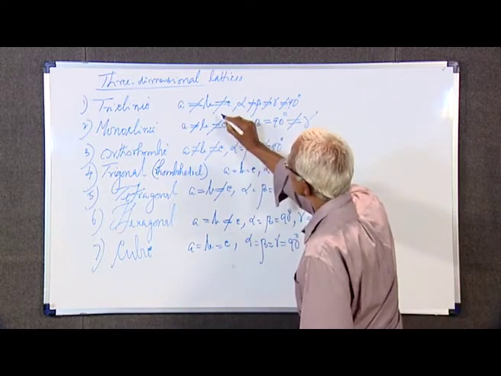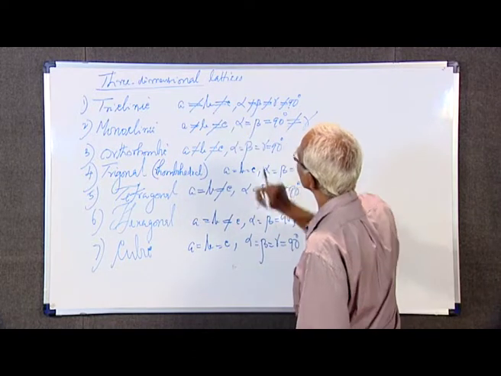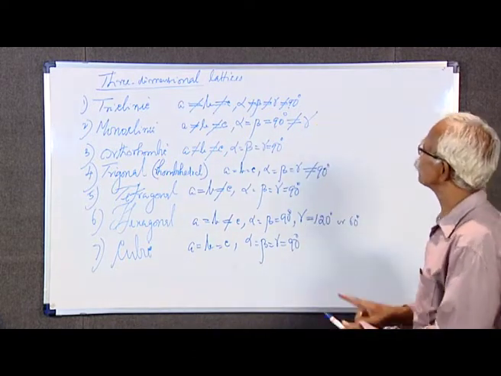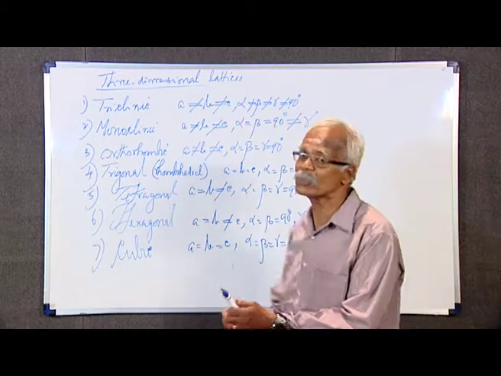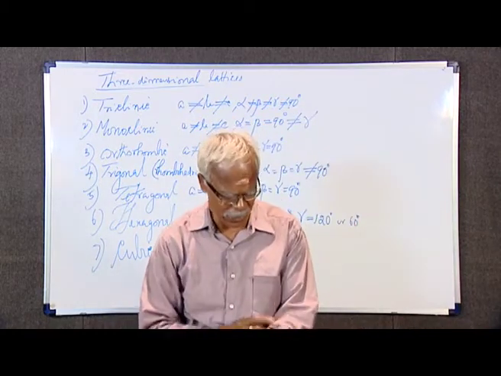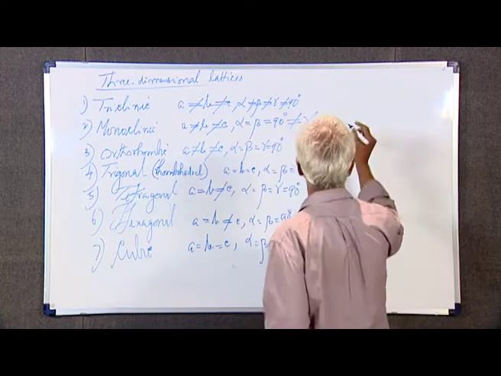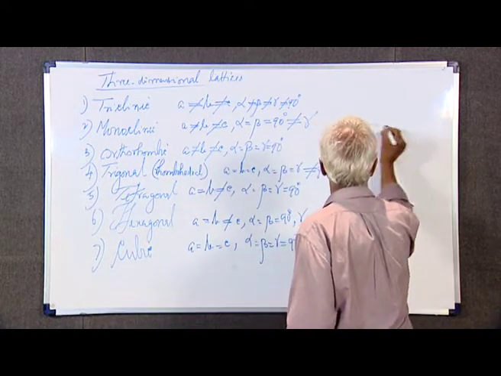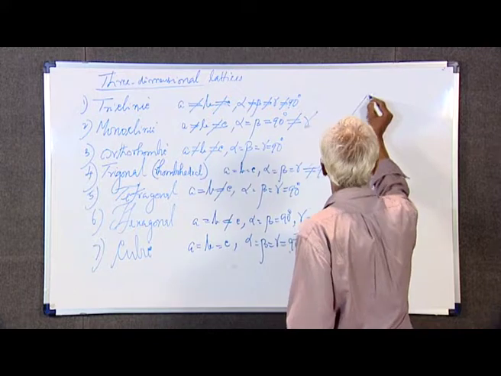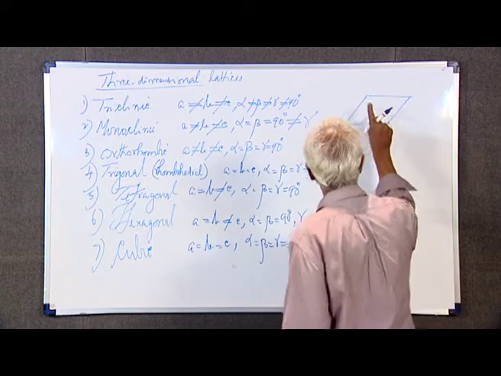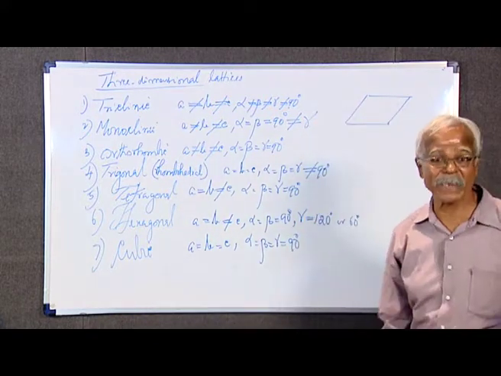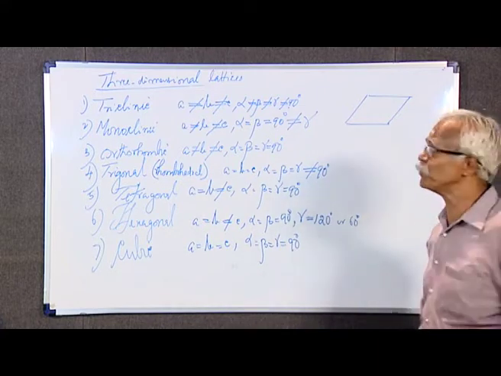I have written A not equal to B not equal to C, alpha not equal to beta not equal to gamma not equal to 90 degrees. How will such a figure look? Let me draw it like this. Remember, in 2 dimensions, this was the oblique lattice, oblique figure, oblique unit.